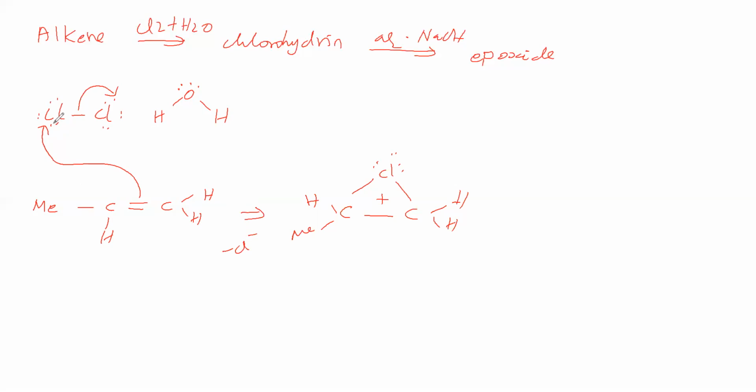Now, since the Cl is leaving with the electrons, therefore a positive charge is there. This is called a cyclic carbonium ion. Cyclic carbonium ion is produced. Then Cl minus can attack, otherwise water can attack. Nucleophile will attack now.